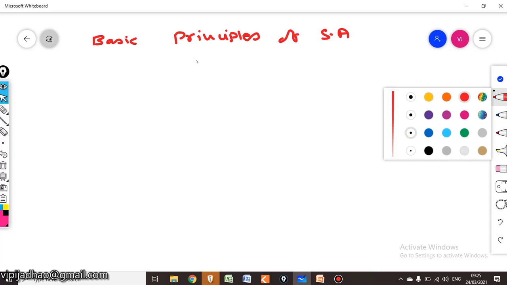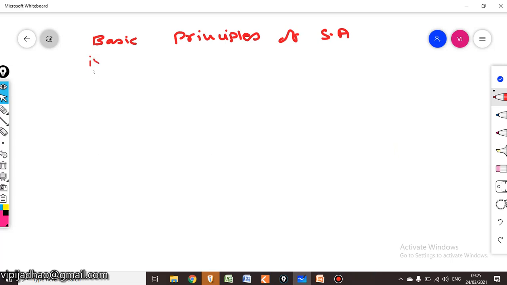There are three basic principles of structural analysis. The first one is equilibrium.